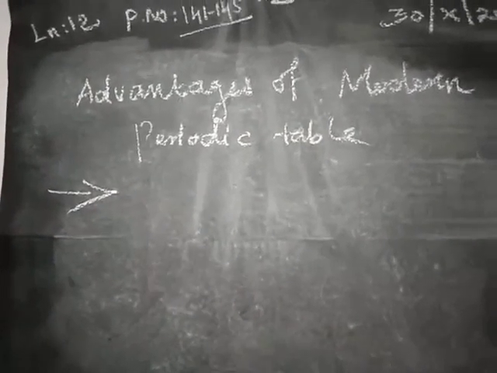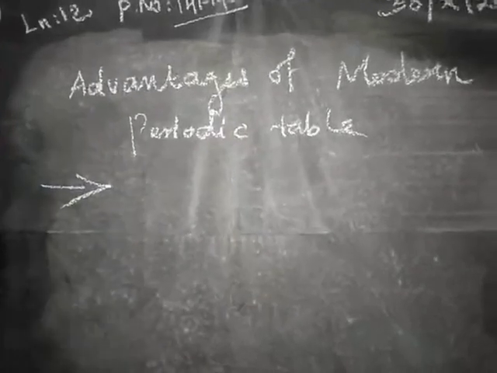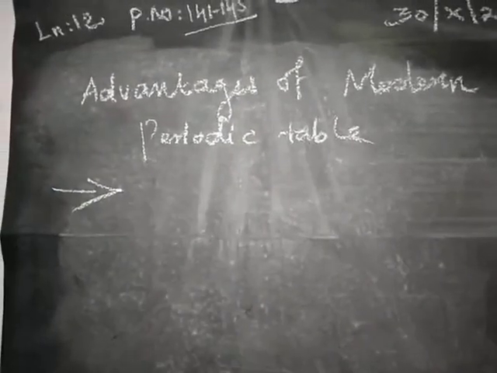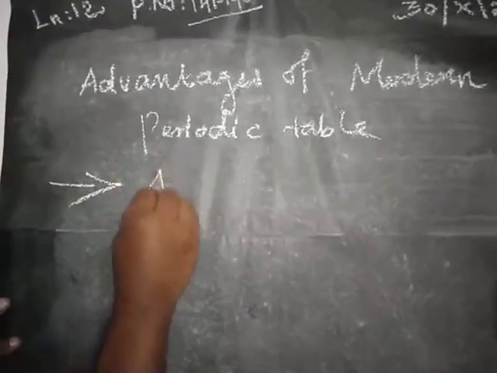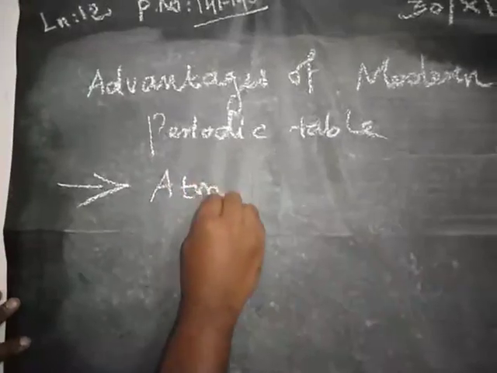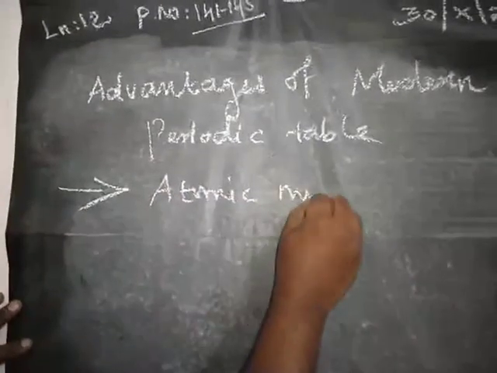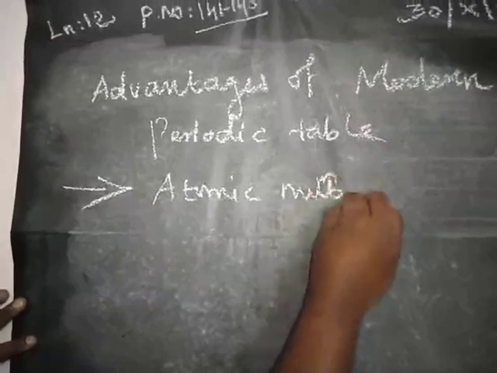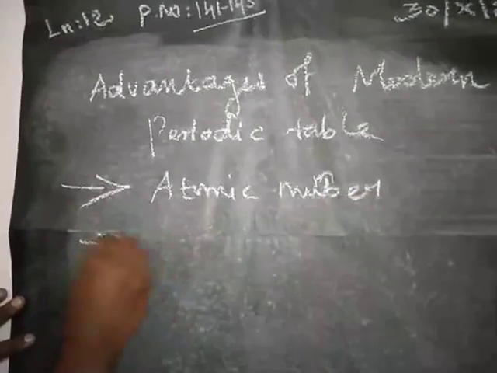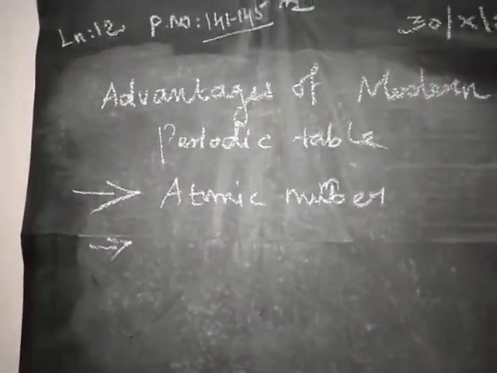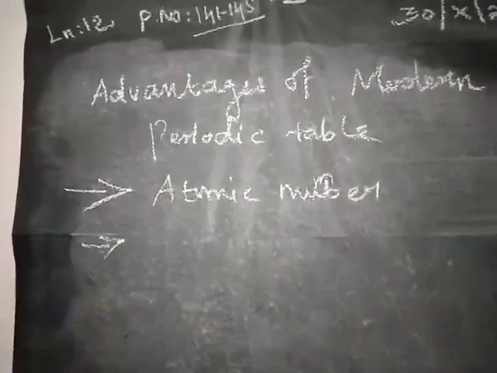First point, the table is based on a more fundamental property, that is the atomic number. So the modern periodic table is based on atomic number.